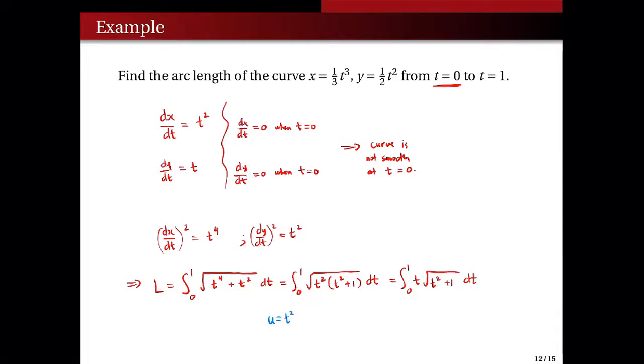We let u equals t squared plus 1, du equals 2t dt. Okay? If t equals 0, u equals 1. If t equals 1, u equals 2. So for this guy, we have the integral from 1 up to 2, square root of u du over 2. Don't forget that over 2. So it came from this part here.